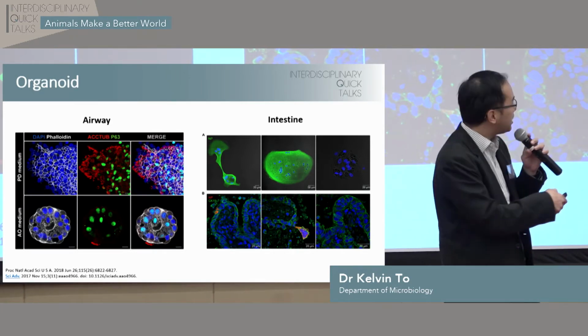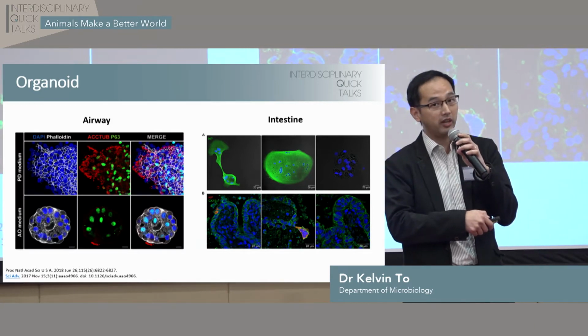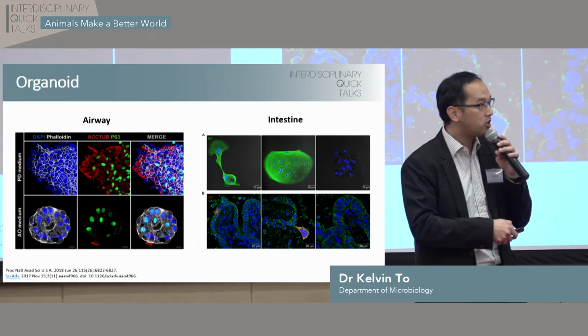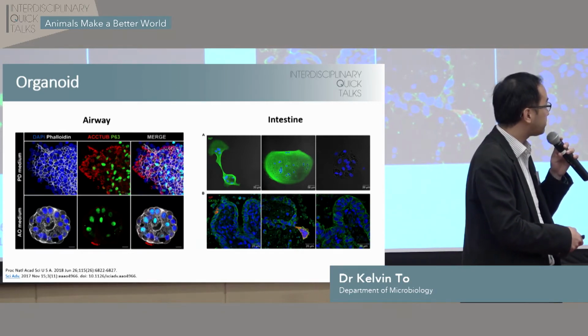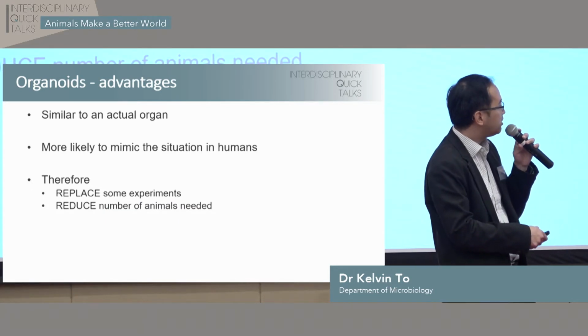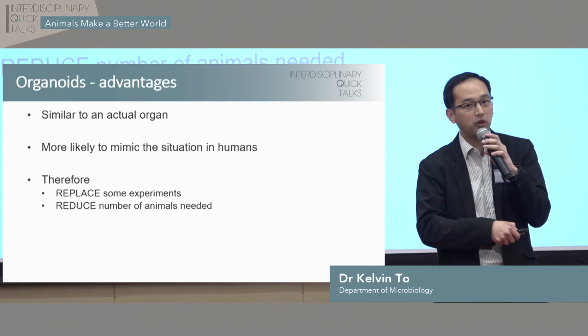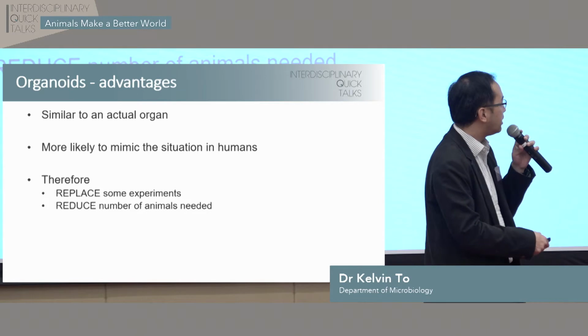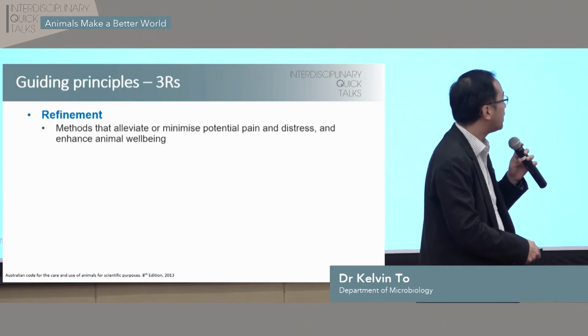Using these organoids, we can replace a lot of animal experiments and reduce the number of animals that are required to study these pathogens. Organoids are similar to an actual organ. They are more likely to mimic the situation in humans because they are actually made from human cells. Therefore, they replaced some experiments and reduced the number of animals.